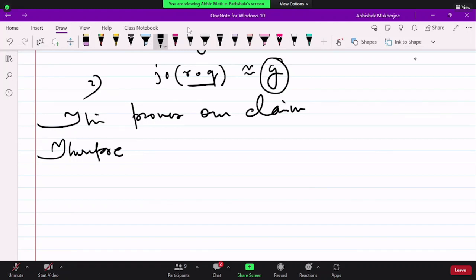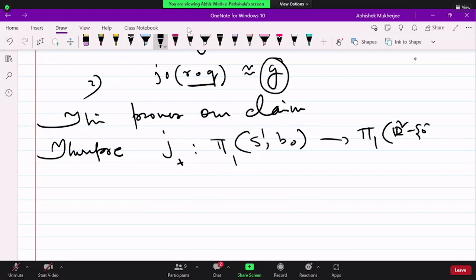And this proves that J star, from the fundamental group of S1 based at B naught to the fundamental group of the punctured plane, is an isomorphism.